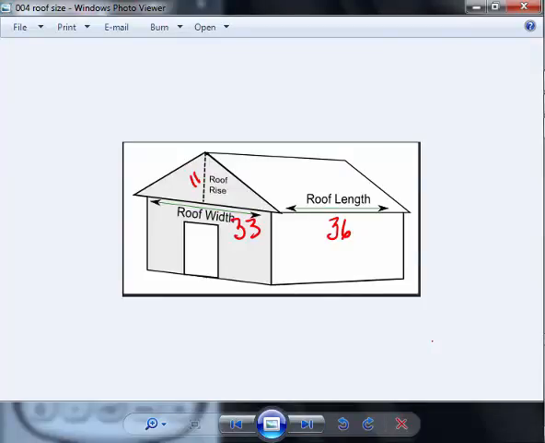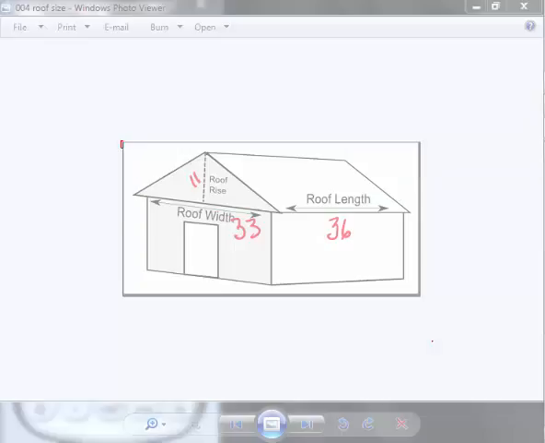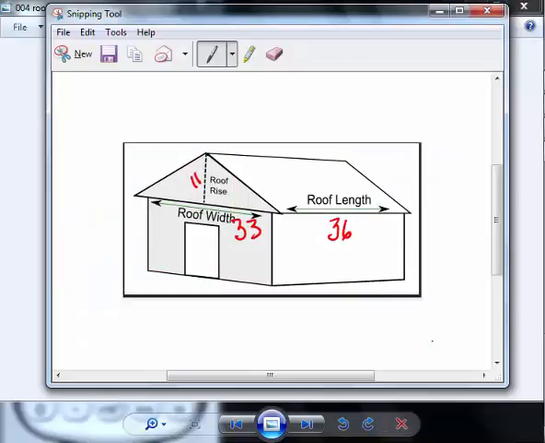We're supposed to find the area of the shingled surface and the volume enclosed by the roof. Okay, so in this particular case, we first of all need to get the length of the hypotenuse.